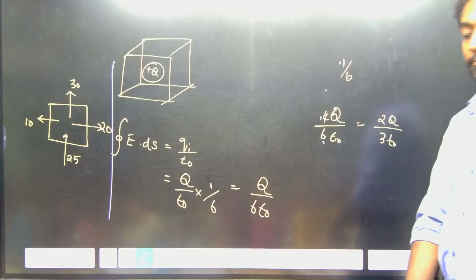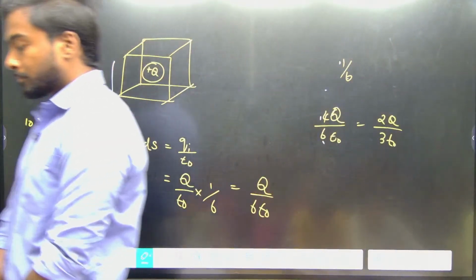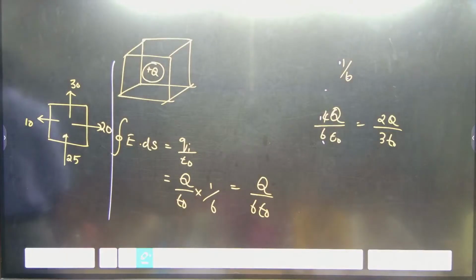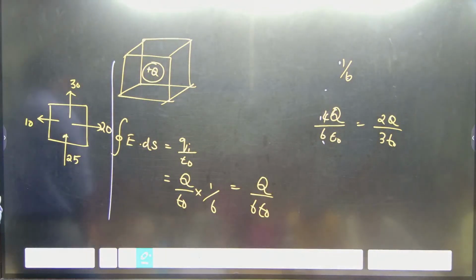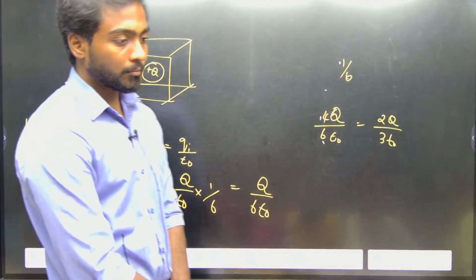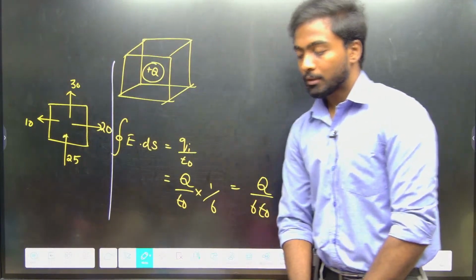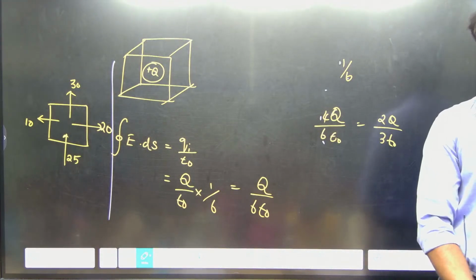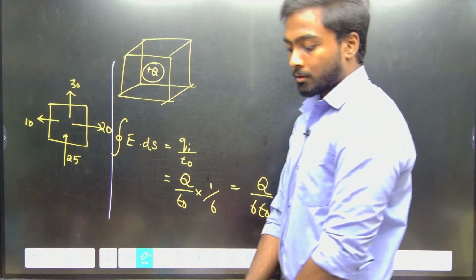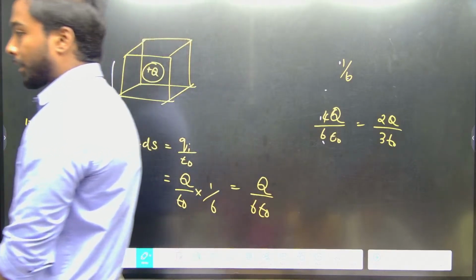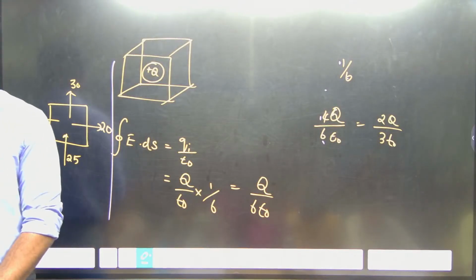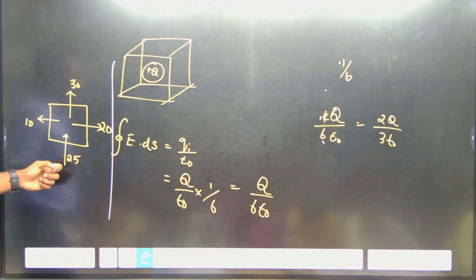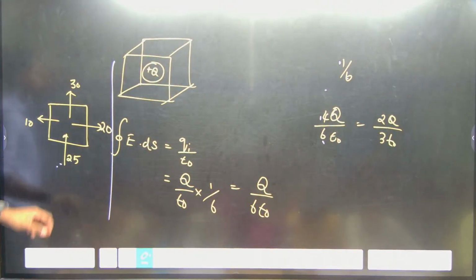Completed. The next question. The flux coming out and entering a closed surface, the closed surface as given in the figure, that figure is given here.